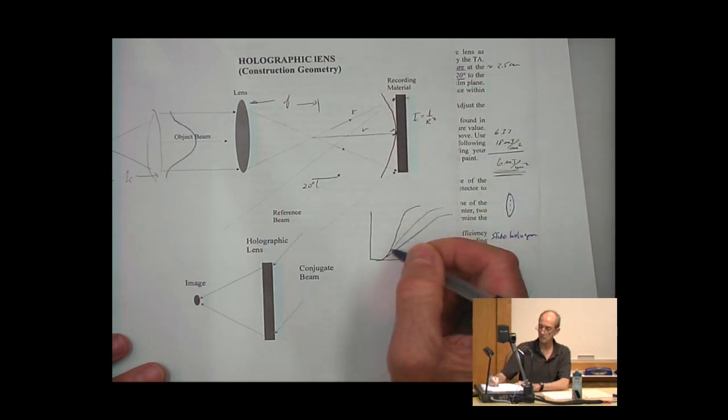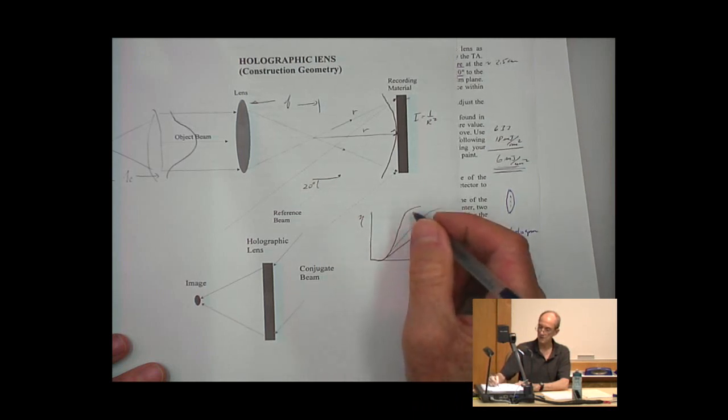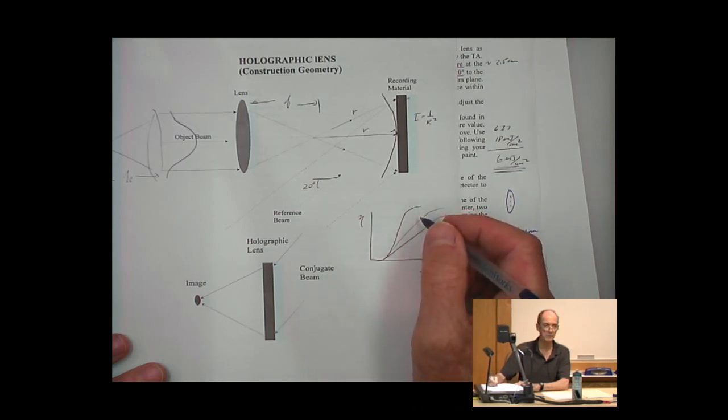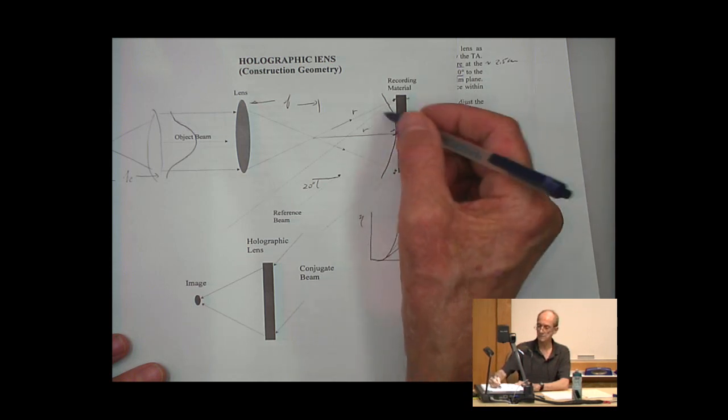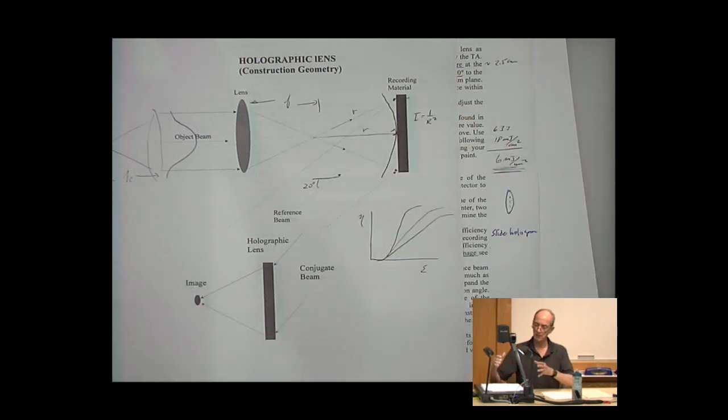And in some materials with a high transition or response to exposure, it could produce very dramatic changes in the diffraction efficiency over the aperture of your hologram. So try to pay attention to some of those things, and if you have time, relate that to the material response. Try to learn as much as you can from the experiment.